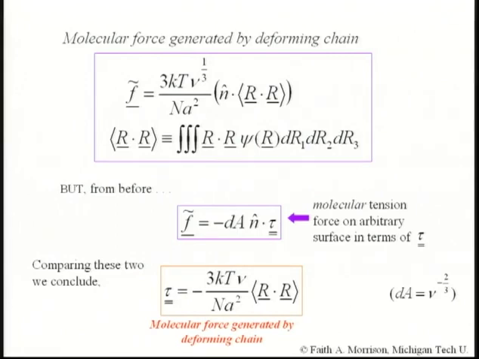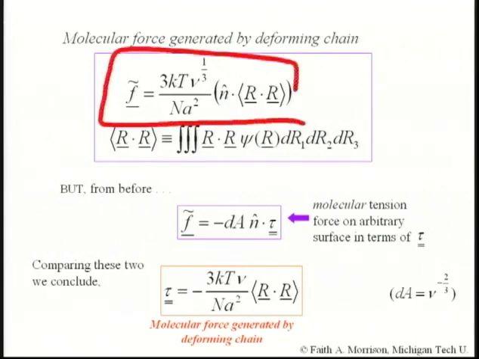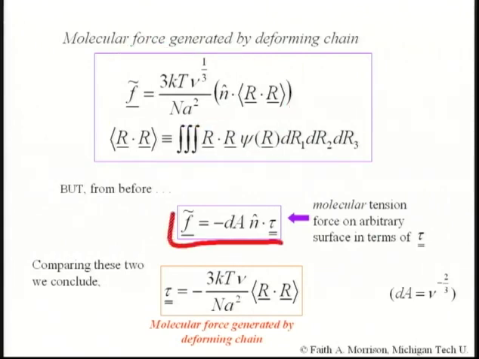So this statistical approach to molecular forces gives us this expression for F. It has to do with the probability distribution of molecules. But when we compare this equation to the equation way back from the beginning of the course that relates force on a surface to the stress tensor, we've got n dot something, we can then deduce the stress tensor.